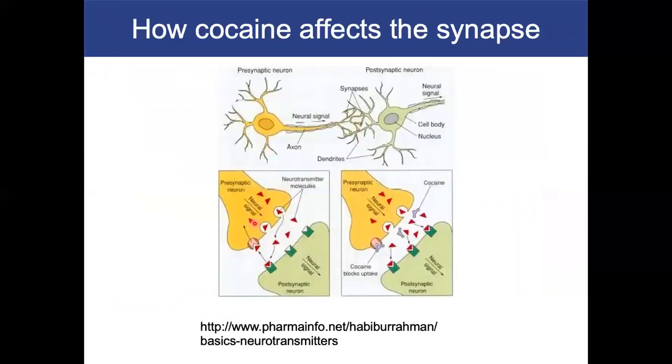Okay. Here's a picture. So how does cocaine affect the synapse? If you look, here's your presynaptic nerve, here's your synapse, and here's your postsynaptic nerve. Normally, when the presynaptic nerve gets excited, it releases, in this case, dopamine onto the dopamine receptors, right? And gets the postsynaptic nerve excited. Then the dopamine is pulled back into the first nerve using a transport channel.